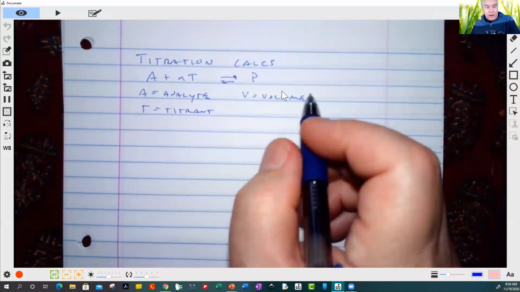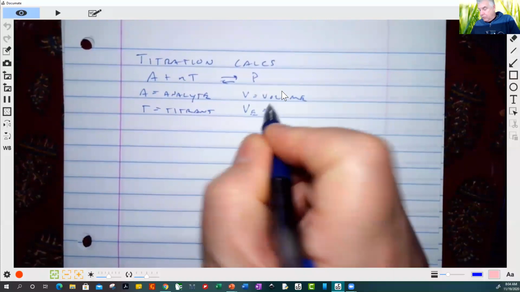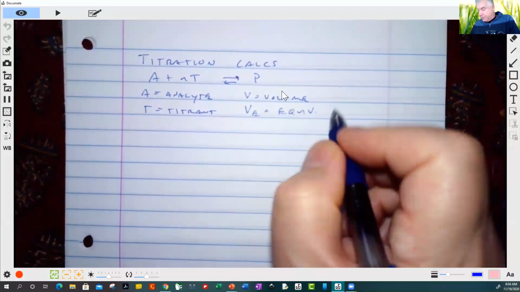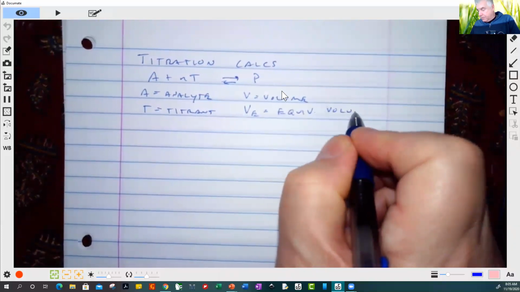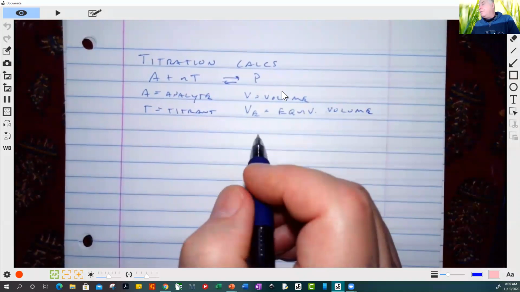There's VE, which is the endpoint or equivalence volume, using those words interchangeably right now.